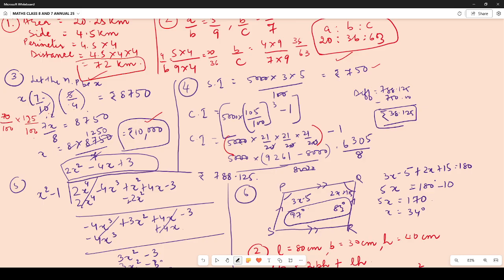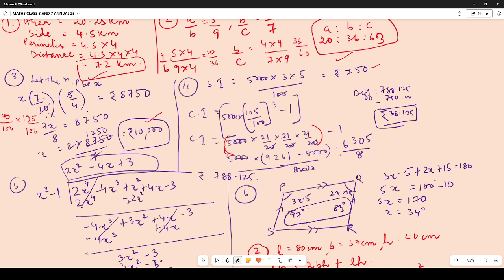So this is actually in the entire bracket, and then it is minus 1. So what do you get over here? You get 5,000 into 21 into 21 into 21 is 9261 minus 8,000. Oh, sorry, this is not in the bracket, this is in the bracket, minus 1. So this is already multiplied by 9261 minus 8,000.